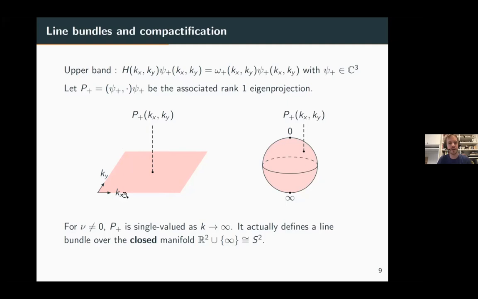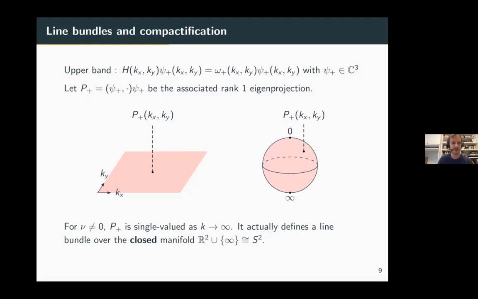And so you can actually compactify the problem thanks to this odd viscous term to see the line bundle not over the plane, but over the compactified plane, which is the 2-sphere. And now you have a line bundle over a closed manifold, S2, and you can ask the question: is this line bundle trivial with this constraint that you're on a closed manifold?